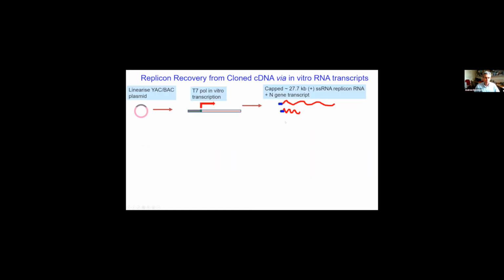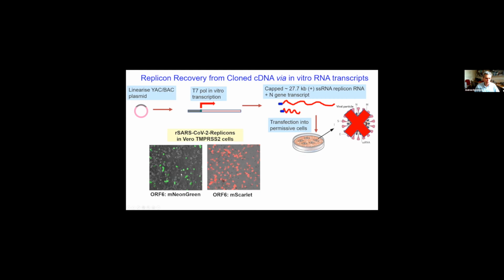For our replicon, we use a similar technique. In this case, we don't recover virus. And you can see here, we've got different replicons that have different fluorescent markers. And you can see that our transfected cells show signs that these replicons are stably replicating in the cells.